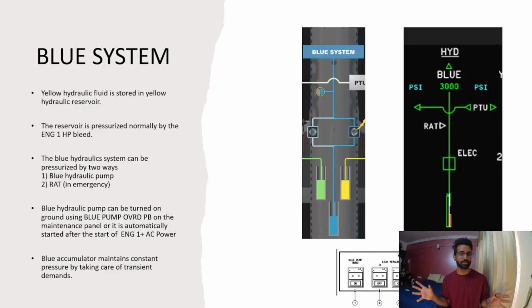You lost the engine 1 and engine 2 generators, the APU is not working, full blackout. Yes, your battery will give you some systems, but it's a full blackout. Then the RAT automatically deploys, runs a pump, the pump runs the hydraulic system, which will operate an emergency generator and give you some electric power back. So the RAT can be used to give you hydraulic power and also some electrical power.